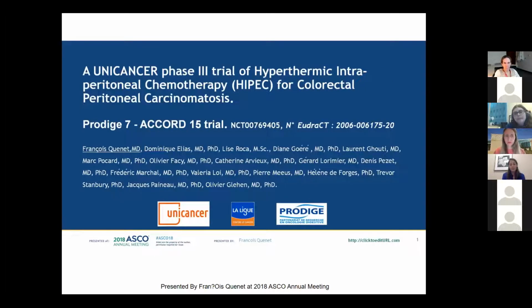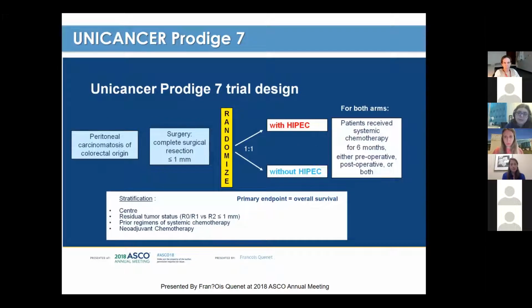So then based on all this, most recently in 2018, this phase 3 study was presented from the French group, and actually it was the Unicancer study, which was the use of HIPEC, or hyperthermic intraperitoneal chemotherapy, for colorectal carcinomatosis. And Dr. Lambert is going to go into much more detail, so I'm just going to give you a quick overview.